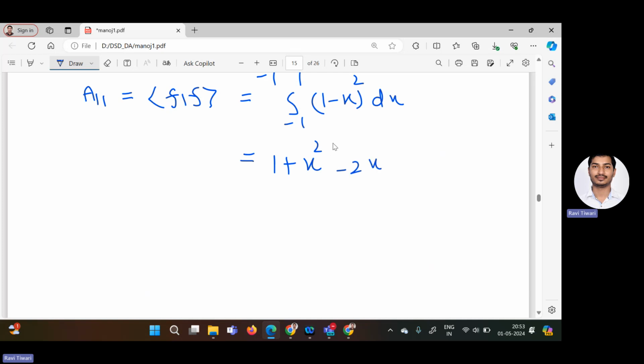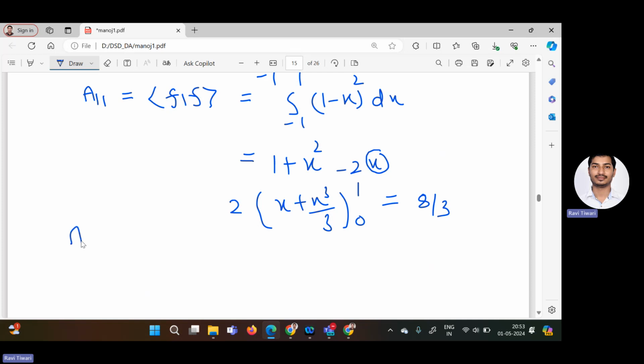Because the limits are minus 1 to 1, we can apply the definite integral property. Because x square is an even function, this will become 2 times, but here x is an odd function, so that term will become 0. So you can write 2 times the integral of 1, which is x, and the integral of x square, which is x cube by 3, with limits from 0 to 1. So this equals 1 plus 1 by 3, that is 4 by 3, into 2. So we get 8 by 3.